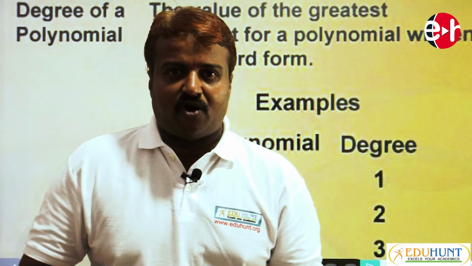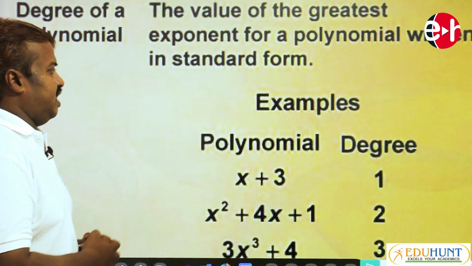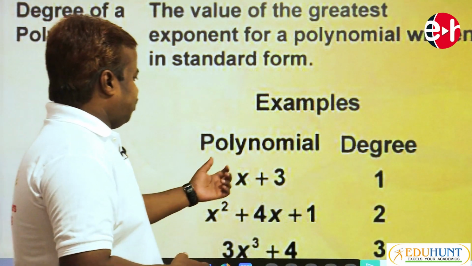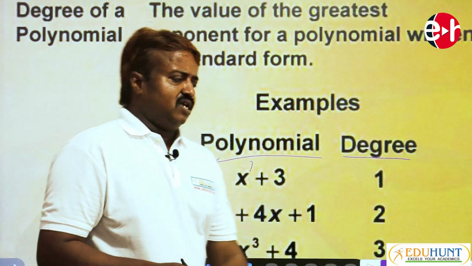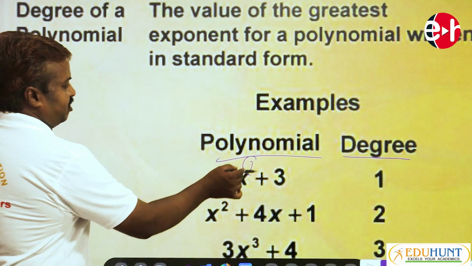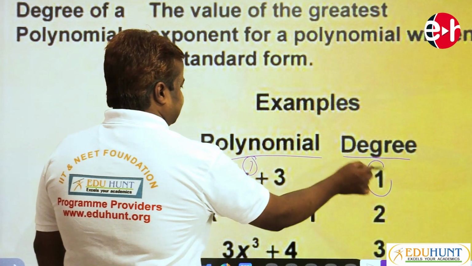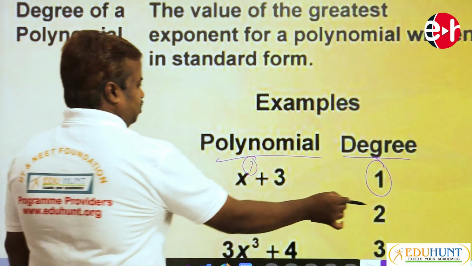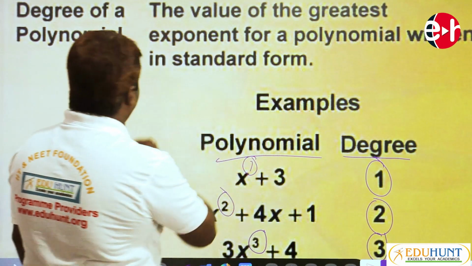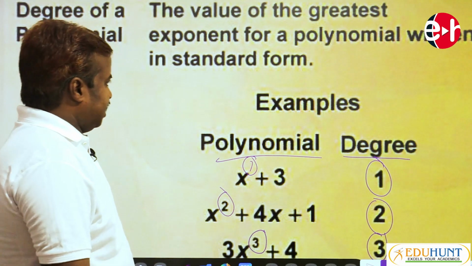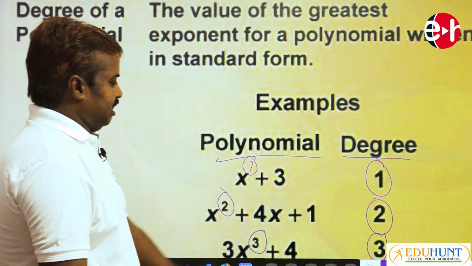Now you can see the examples of polynomials: the highest exponent of this one is 1, the greatest exponent of the next is 2, and the greatest exponent of this is 3. This is about the polynomial and the degree of the polynomial.